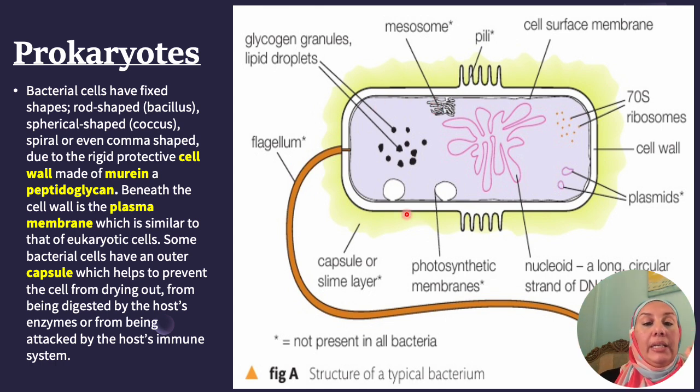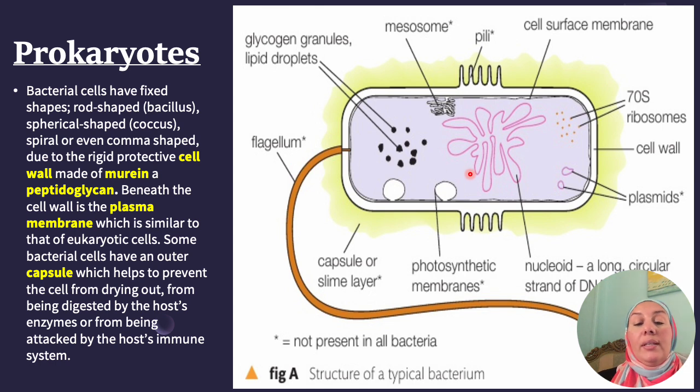So all bacteria are prokaryotes. They do not have a nucleus as we know the regular nucleus, and the DNA is just lying in a space inside the cytoplasm that we call a nucleoid. This area is a nucleoid, right? Or a nucleic acid, the DNA, you can call it this way as well.